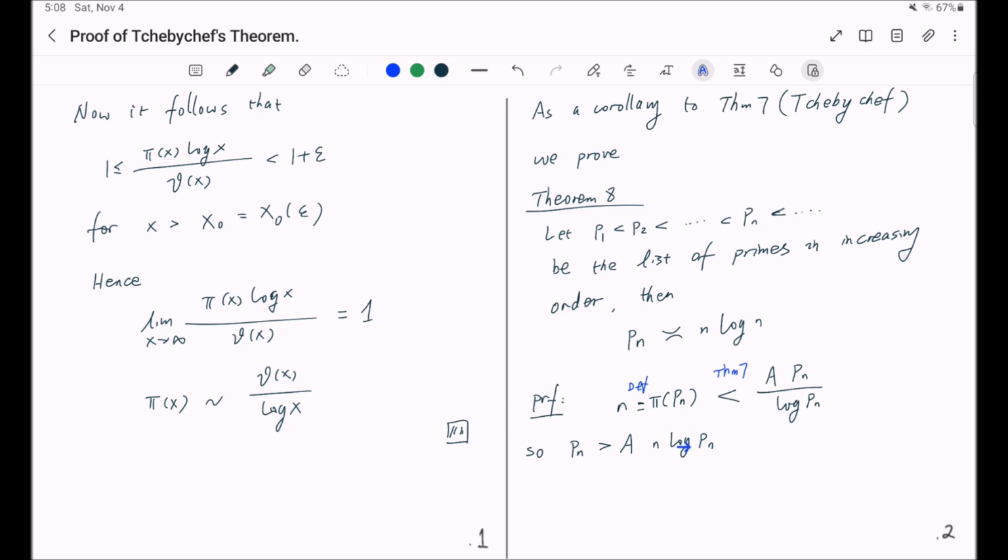And how is this guy compared with this guy? You should be able to immediately realize that p_n is actually bigger than n, because the nth prime must be bigger than the nth positive integer. So this establishes the lower bound for p_n regarding this asymptotic relation.